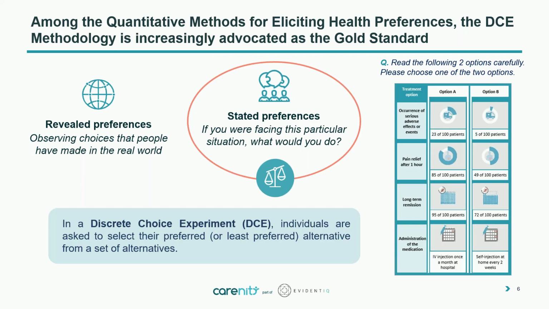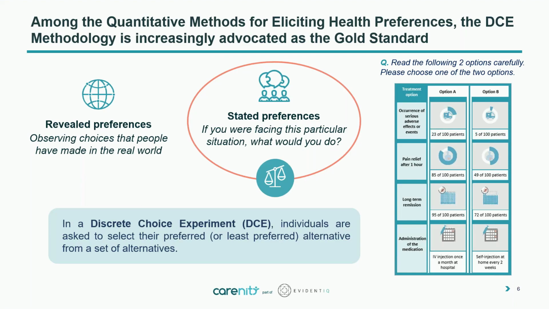In general, there are 2 treatment options. The features of these treatments are called attributes, and each attribute is decomposed into levels. Each treatment alternative presented to participants is a combination of treatment attributes and levels. The question asked to patients might be, if you were offered these 2 treatments, which one would you choose?